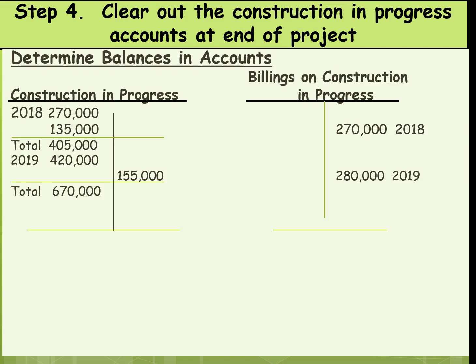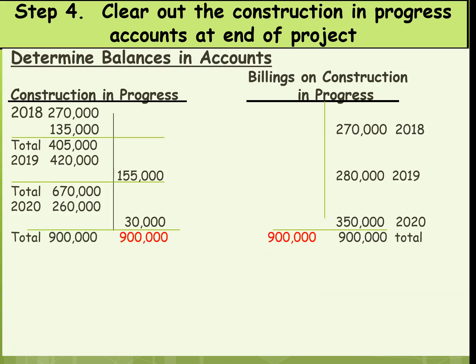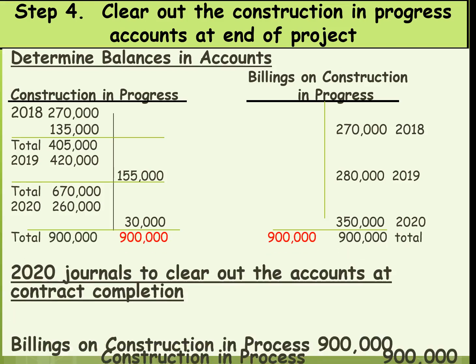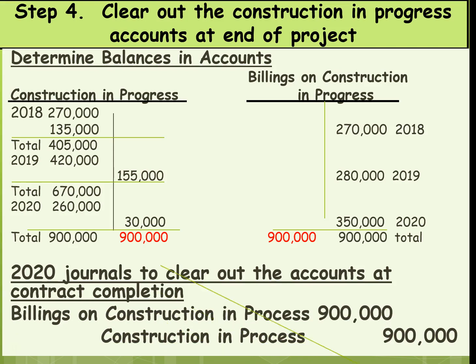The next year we're going to book 420, but we're going to back out the 155 in profit. And in the last year, we're going to back out the 30. When we add them up, we get 900,000, so then we can zero them out. That 900,000 in red is part of that journal entry right down there.